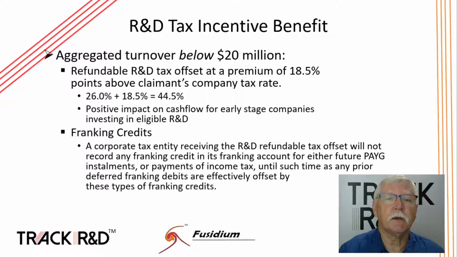That is, for every $100 you spend on eligible R&D, you will be refunded $44.50. So for companies in the early stage of development investing in R&D, this has a positive impact on the cash flow of the business.